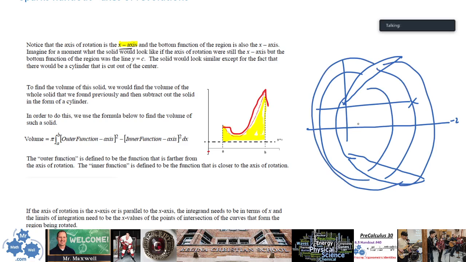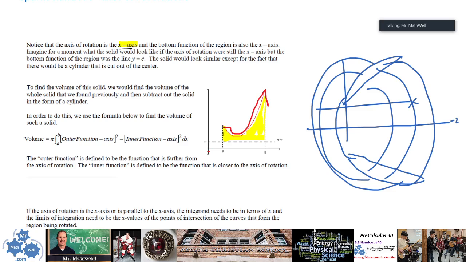So we're not going to include this bottom area in the solid that's rotated, and that's what this first example is. To find the volume of this solid, we would find the volume of the whole solid that we found previously and then subtract out the solid in the form of the cylinder.